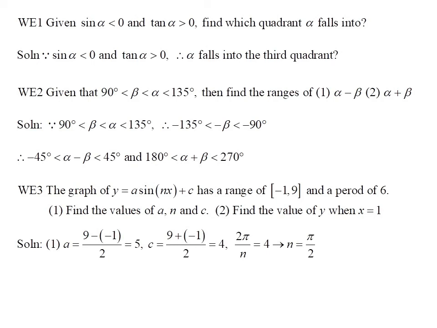So n equals pi over 3. After finding the values of a, c, and n, the sine function is y equals 5 times sine pi x over 2, or in parentheses plus 4. So, after substituting x by 1, we calculated the y value, which equals 9.